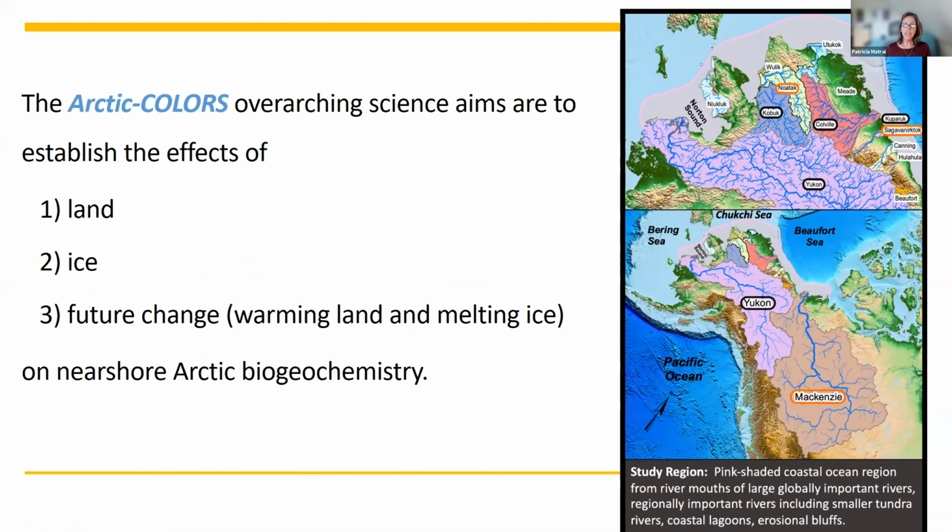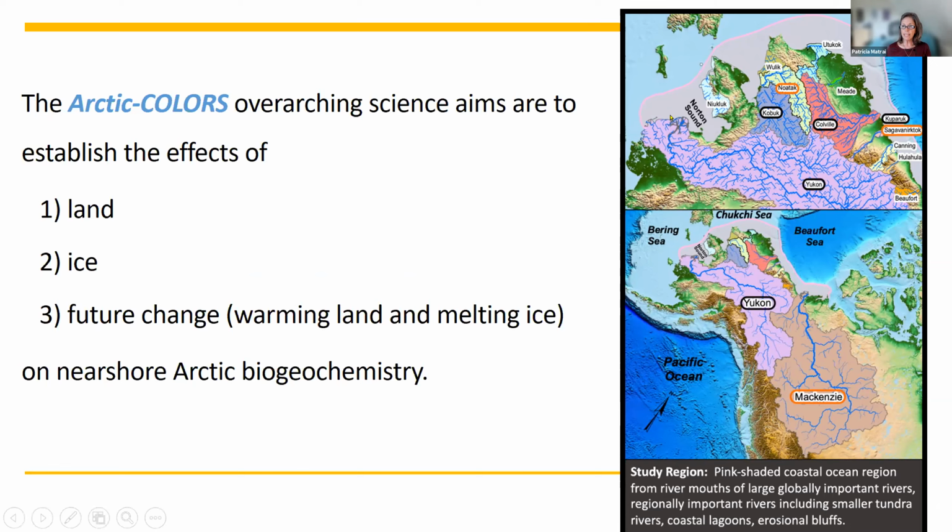And so the Arctic Colors overarching science aims are to establish the effects of land, ice, and future change, both as warming land and melting ice on nearshore Arctic biogeochemistry.